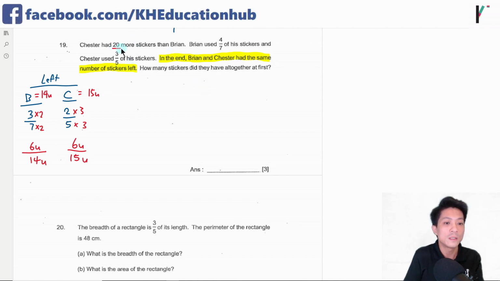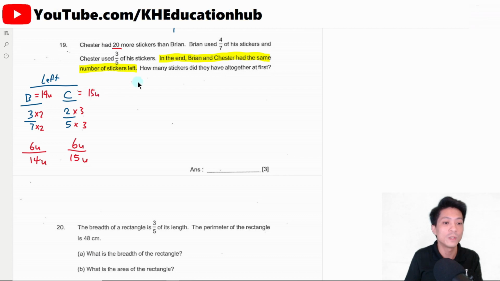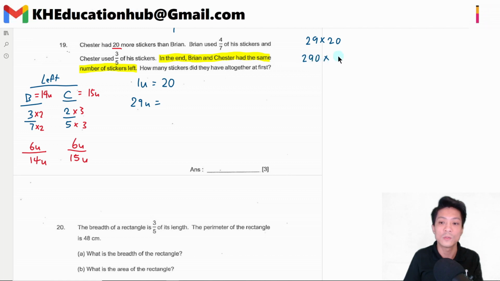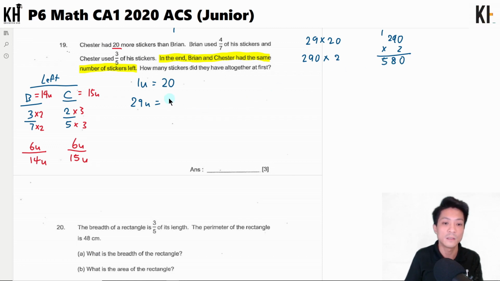So in this case, now we can use the 20 more stickers. Because now you can see that Chester will have 1 unit more, so 1 unit will be equal to 20. And how many stickers did they have altogether at first? That will be 29 units. 29 times 20 equals 290 times 2. So 290 times 2 will give me 580.